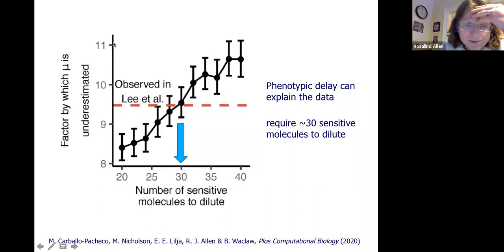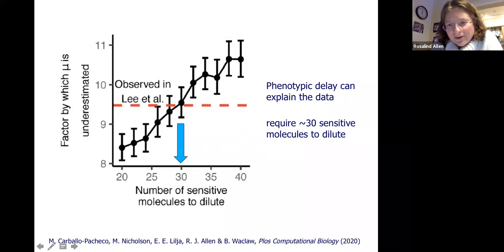In all our simulations we underestimate the mutation rate, because that's what phenotypic delay causes. But as the phenotypic delay increases, we have a larger and larger underestimation. And indeed, you can make the simulation agree with the Lee et al. data if you have 30 sensitive molecules to dilute.